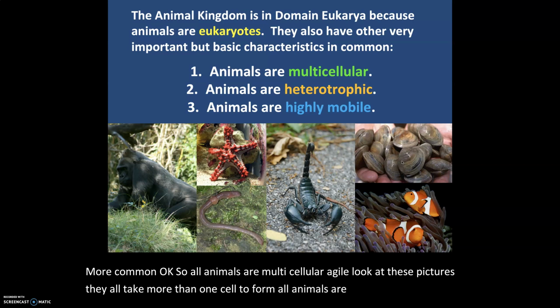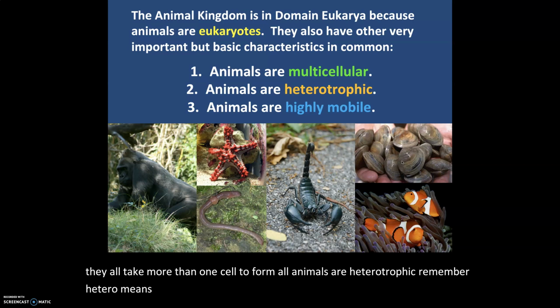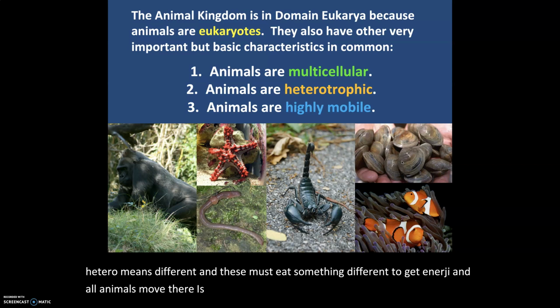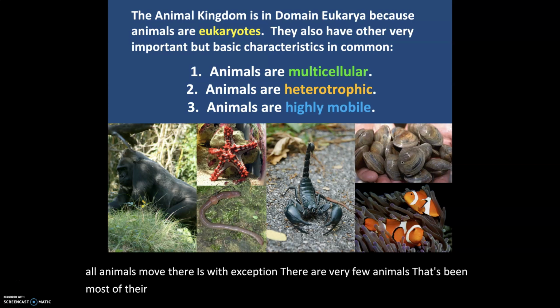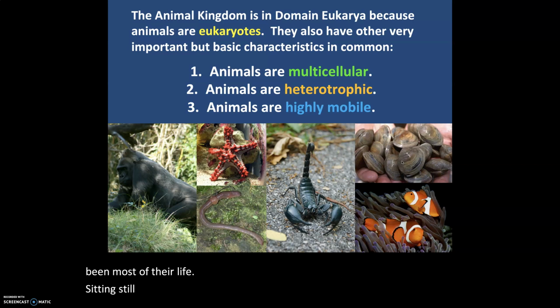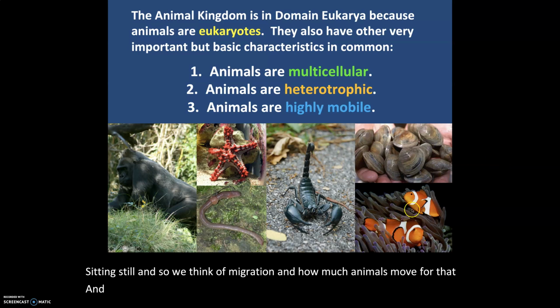Remember, hetero means different, and these must eat something different to get energy. And all animals move. With exception, there are very few animals that spend most of their life sitting still. And so we think of migration and how much animals move for that. And then like little fish here, they just swim in and out all the time. They move.